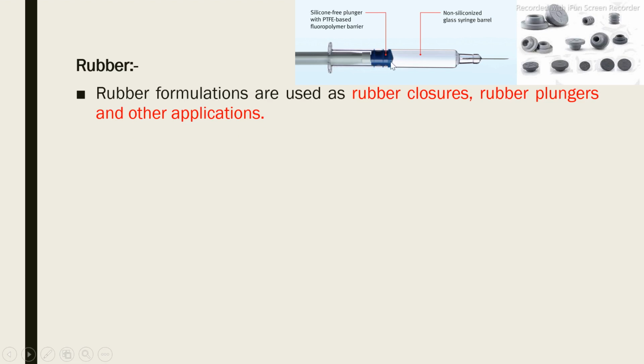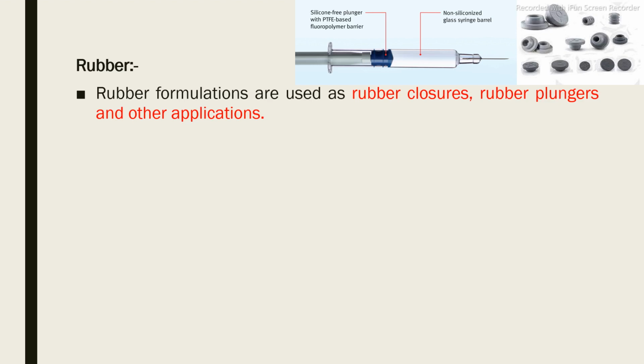By pulling this plunger forward and backward, you can manage the volume of parenteral preparation. By means of the plunger, we can adjust the volume of parenteral preparation required for administration. So rubbers are useful as a plunger in the case of syringes, and also as a closure in the case of vials.